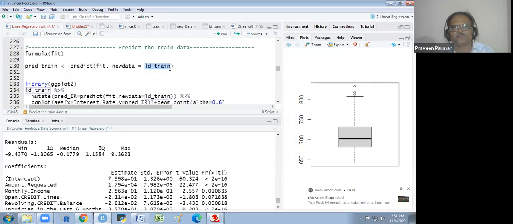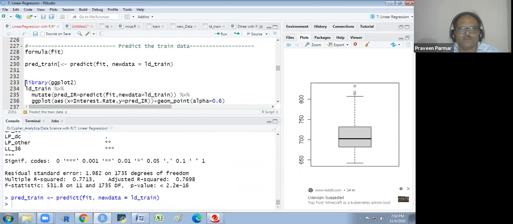So the function is predict. Here we write the model name first, the model name is fit. Then comma, new data: what data you are feeding for prediction. I am feeding the training data first, then I will use the test data later on. And I run it.